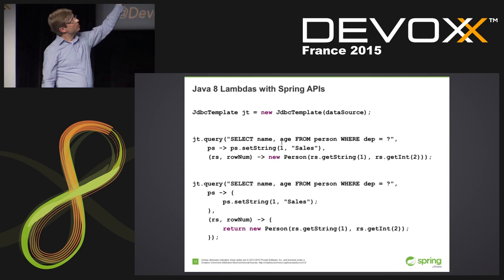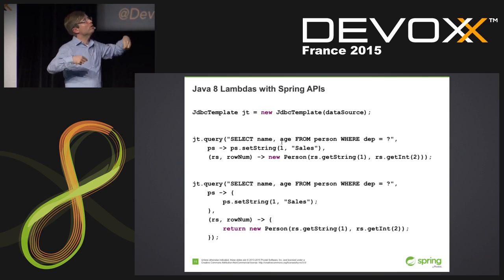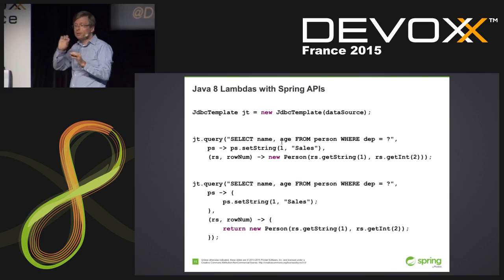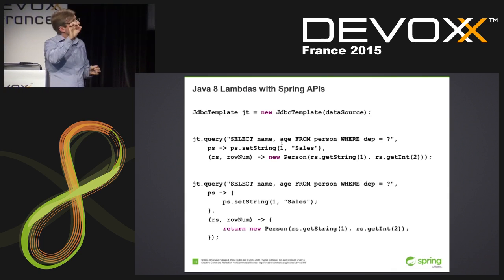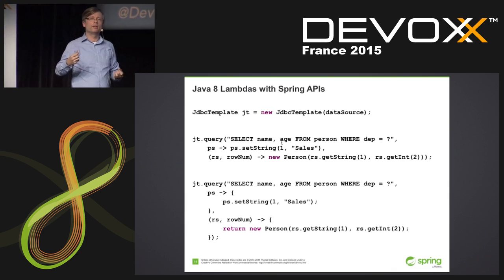You pass in a SQL string, there's this ps.setString one-line nested expression, which is going to be converted to a prepared statement setter implementation. And the third line, the new Person line, is going to be converted to a RowMapper implementation, like some implementation of the RowMapper interface with a mapRow method and so on.